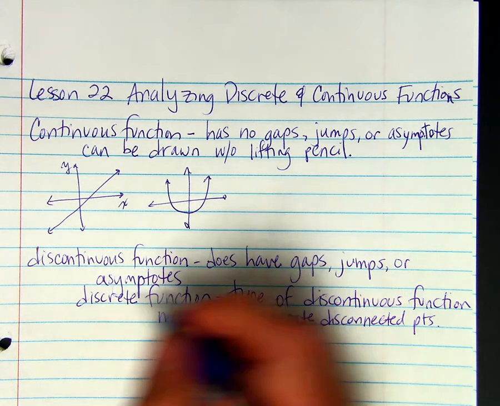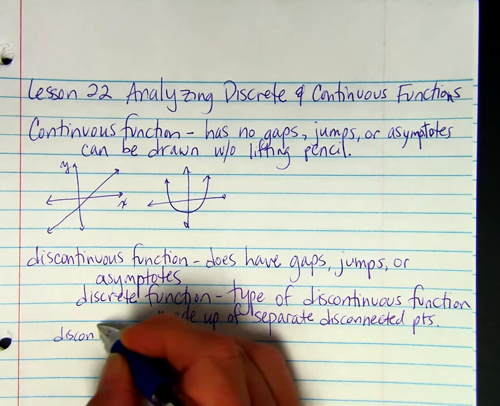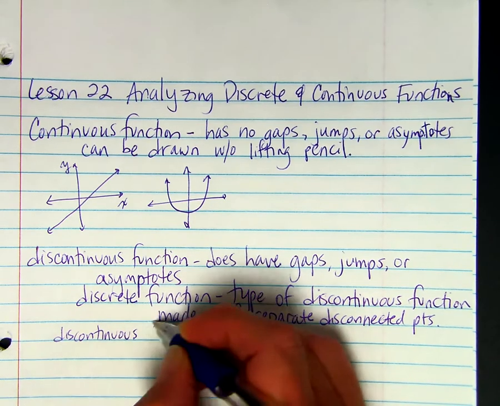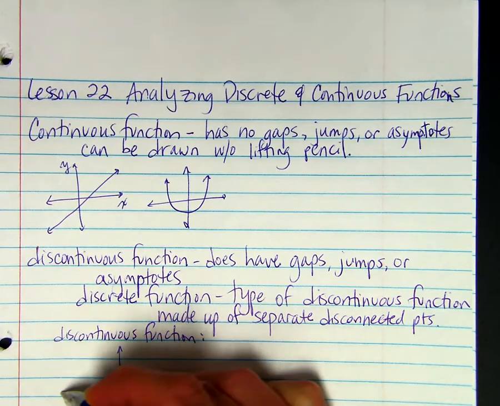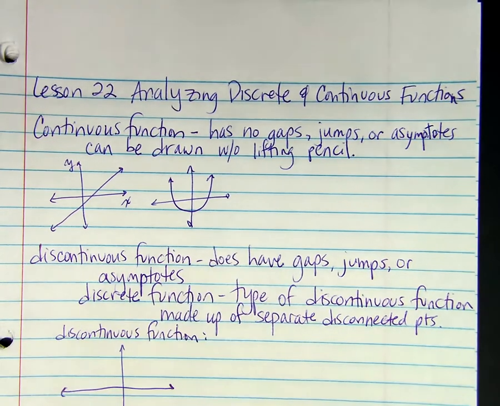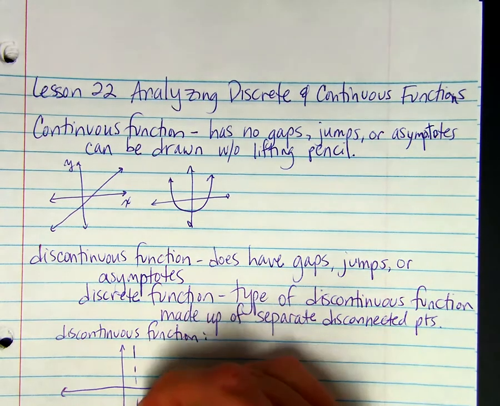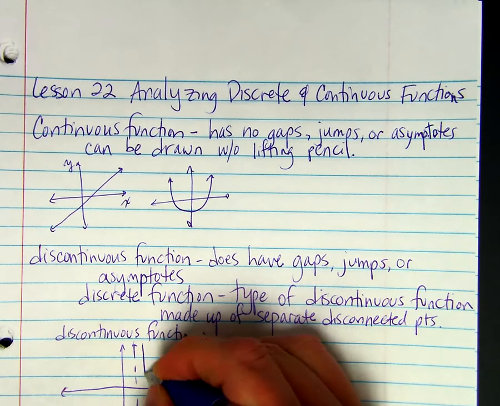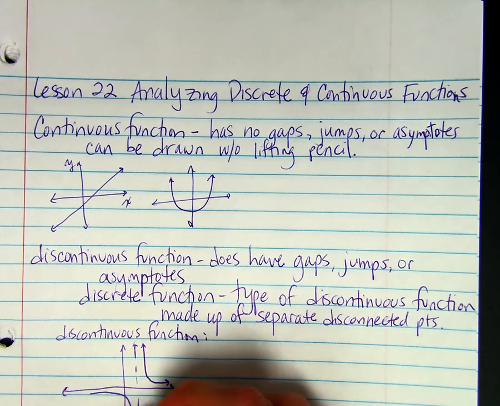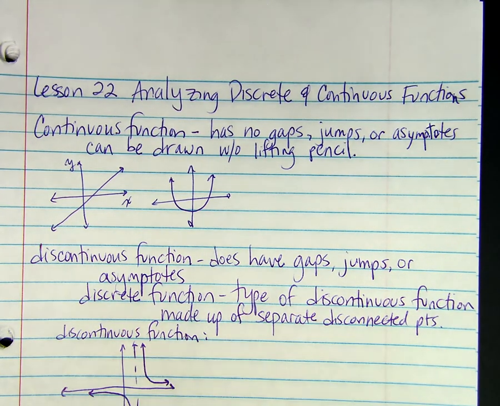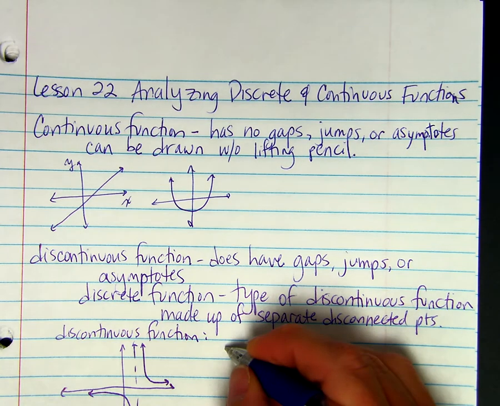So, just a plain old discontinuous function may look like this. So it might have an asymptote, and then maybe a curve that won't ever touch those asymptotes. This is a discontinuous function.